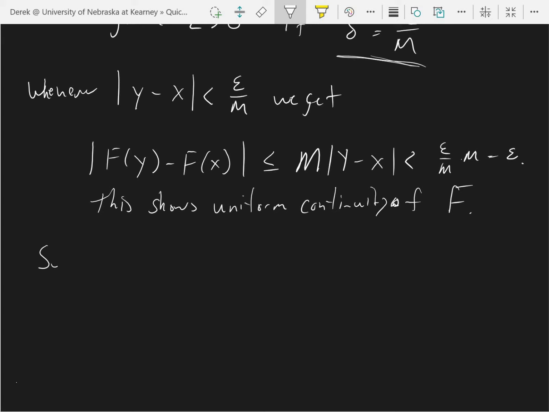Okay, now let's do the derivative part. So suppose little f is continuous at x naught.